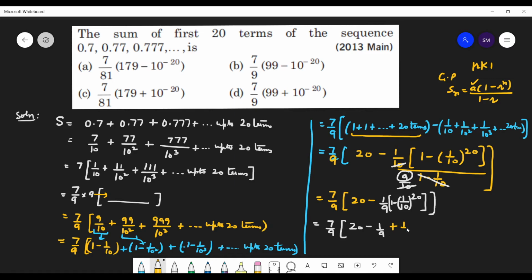And you have to transform this a, b, c, d to abc, abd, and acd, bcd. And you have to tell that they are in what? AP, GP, HP, or none of them.